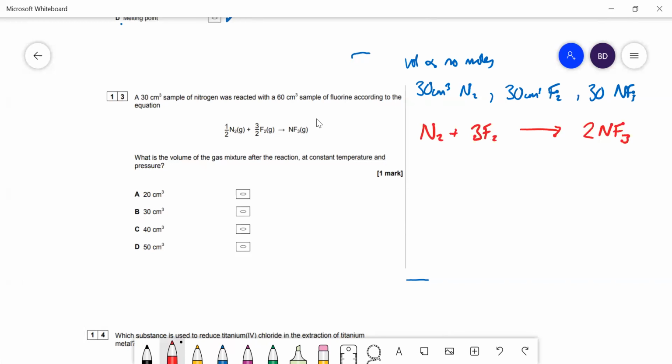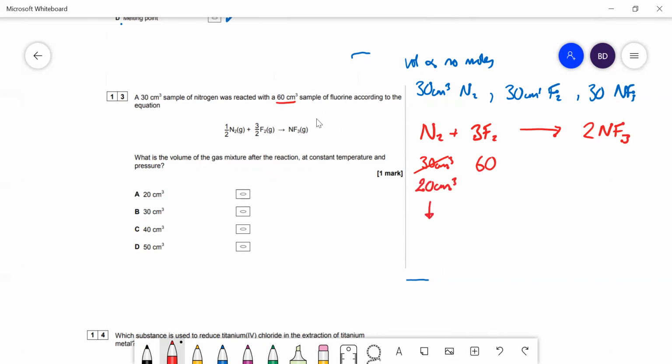Okay, so it says we start off with 30 centimeters cubed of nitrogen. Now 1 mole of nitrogen reacts with 3 of fluorine, so that could react with 90, but we haven't got 90, we've only got 60. So if we've got 60 of fluorine, it's only a third, so that can only react with 20 of the N2.